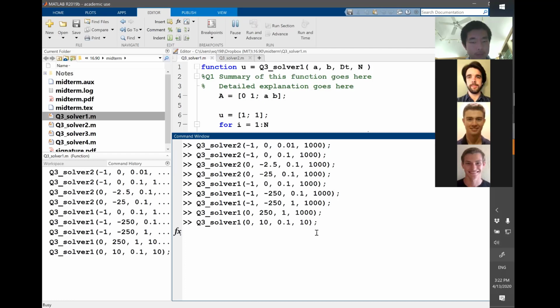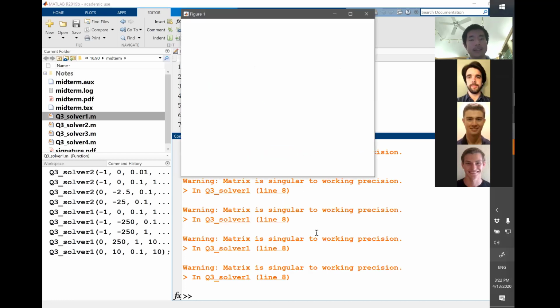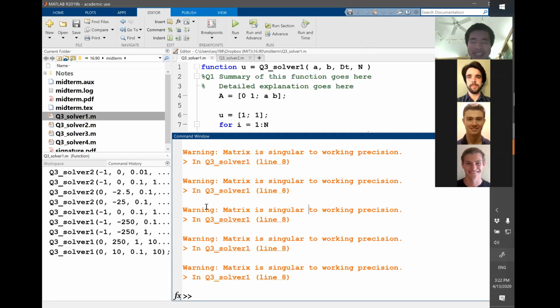Let's try this. Does it work? Yes, something like this. So basically, you've chosen values of A, B, and delta T so that the matrix I have to invert is exactly singular.